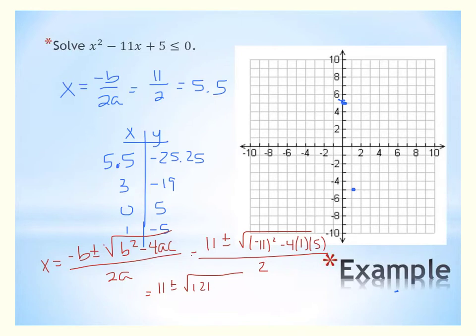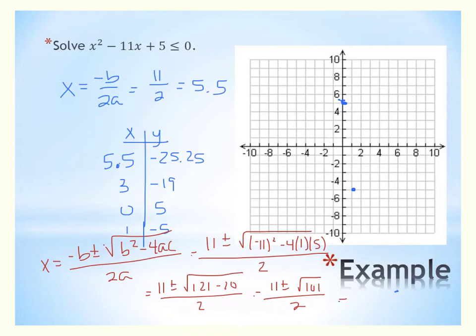So this is 121 minus 20, which is 101 all over 2. Okay, so that's not going to simplify anymore, I don't think. So I'm just going to come to some decimals just so I can see some decimals.